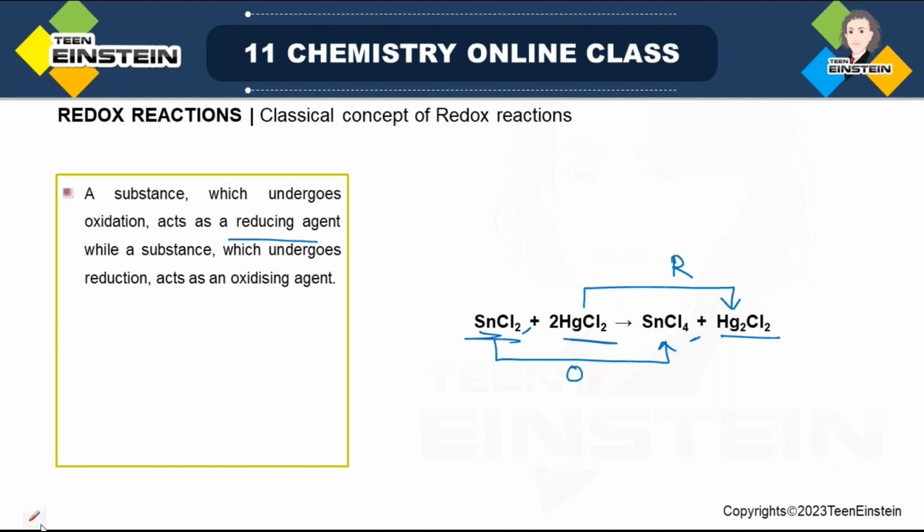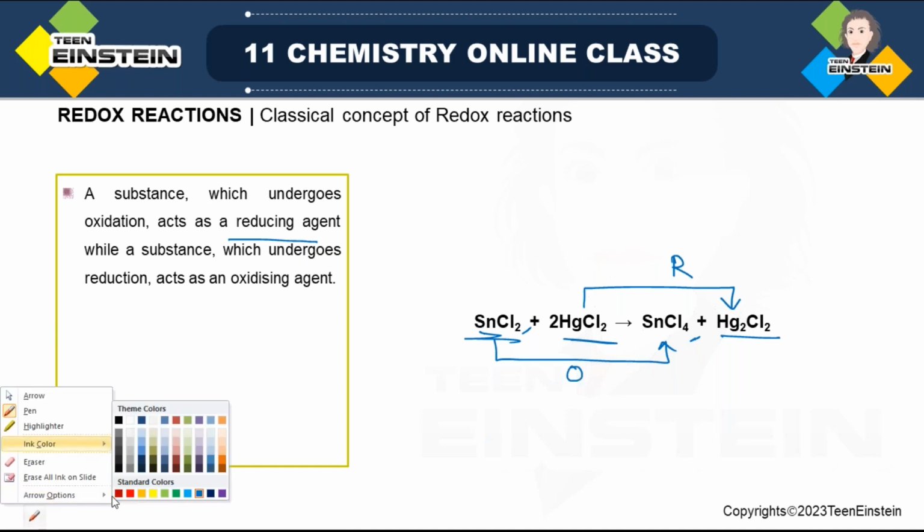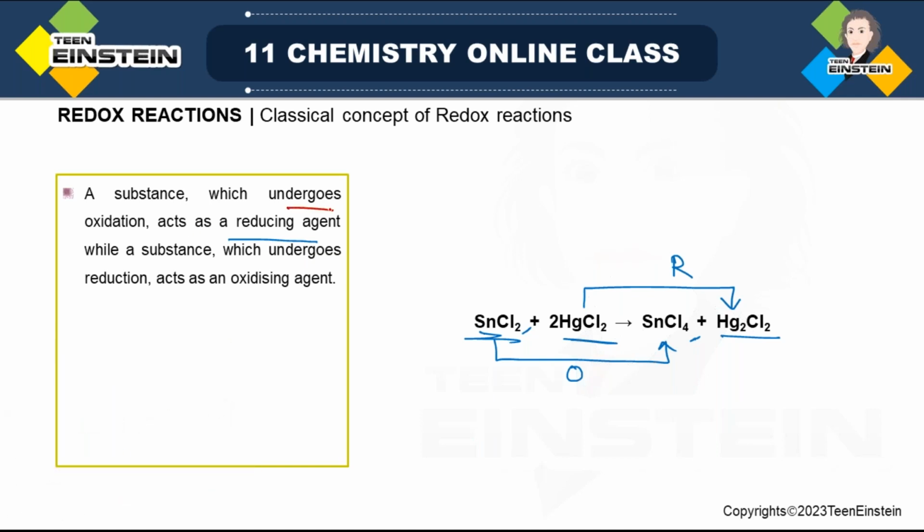Now if it is so, then SnCl2 is undergoing oxidation. Which undergoes oxidation itself acts as the reducing agent. That means this compound is the reducing agent. And the substance which undergoes reduction, that means HgCl2, is undergoing reduction, so it will be acting as the oxidizing agent, OA.